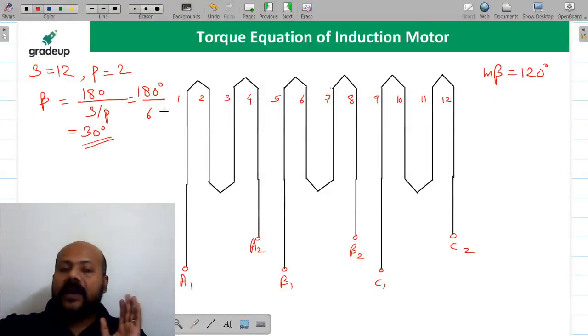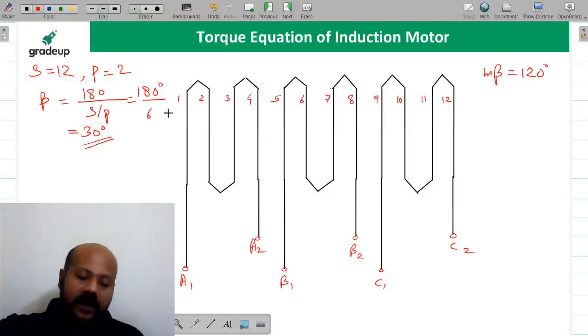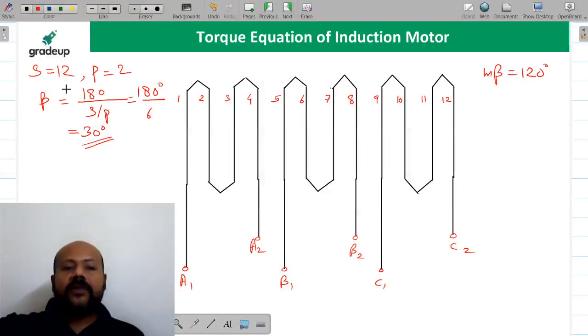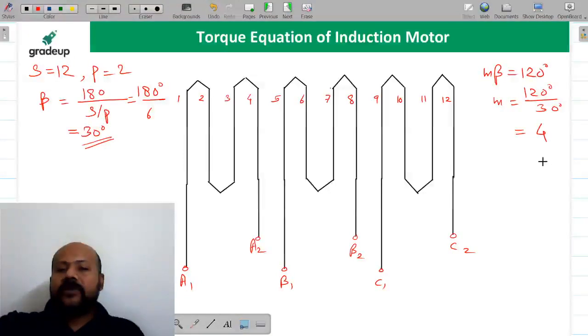For this case we are taking one example, with the number of slots equal to 12. So what is going to be M? M is going to be 120 degree divided by 30 degree. So the number of slots per pole per phase is going to be 4. I hope it is clear.